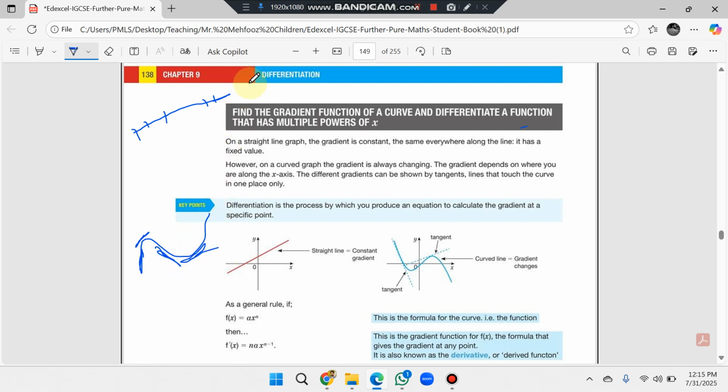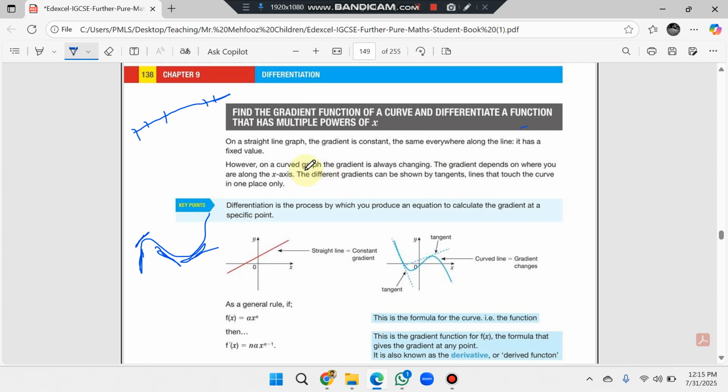So in a straight line, our gradient is a constant quantity, and on a curved graph, your gradient will always be changing. The gradient depends on where you are along the x-axis. The different gradients can be shown by tangents, lines that touch the curve in one place only.